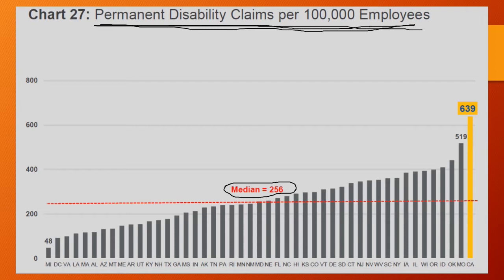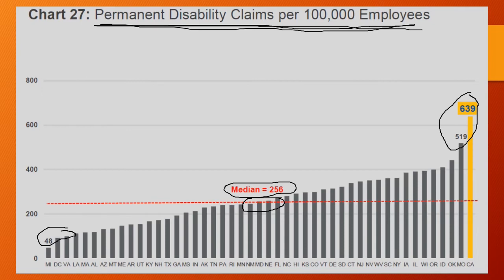And you have some states here like Maryland, Nebraska, Florida that come in at around the median number of 256. Some states, such as Missouri, the District of Columbia, and Virginia, come in below the national median, but other states, and especially California, come in at much, much higher than the nationwide median.